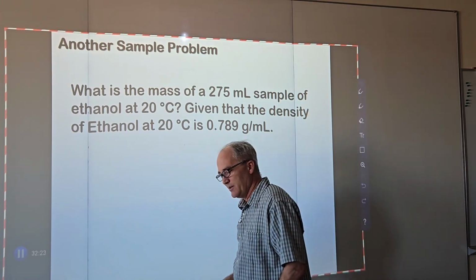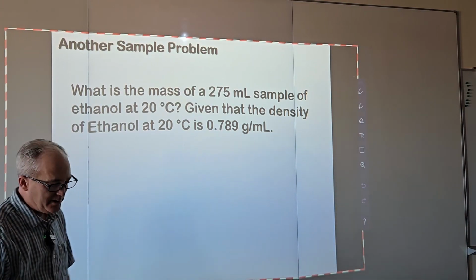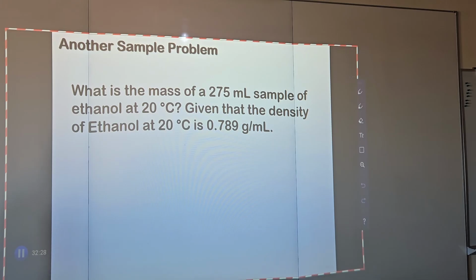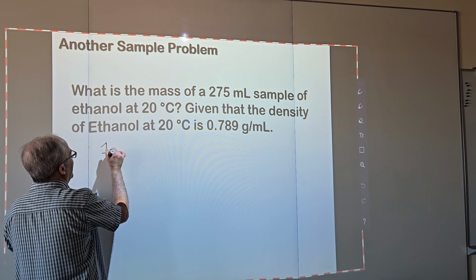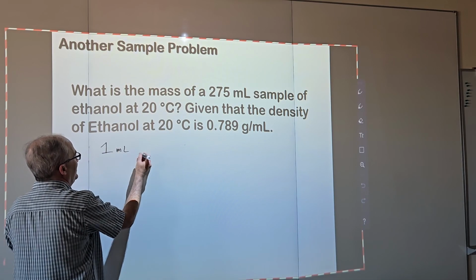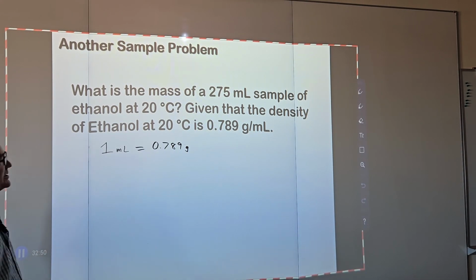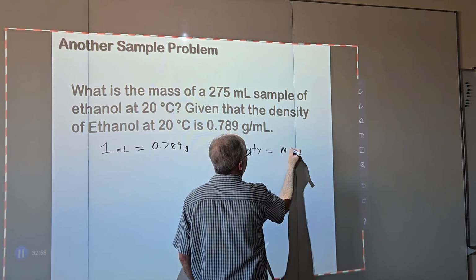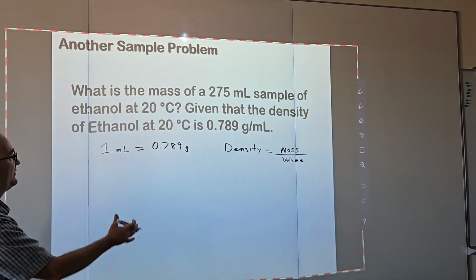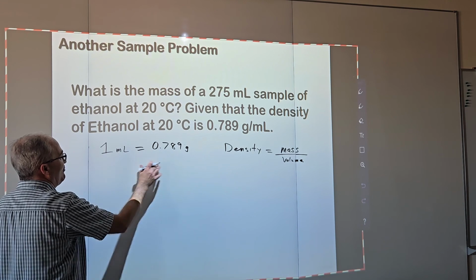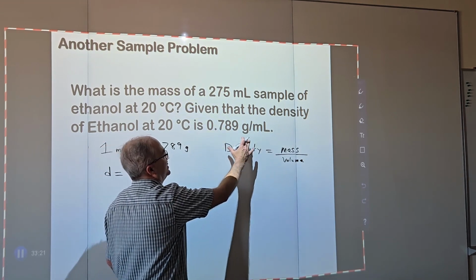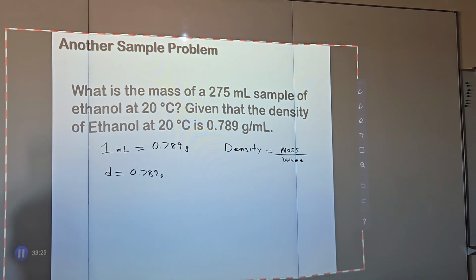So density is a physical property, and I can imagine it coming from a unit equation. I told you I like unit equations. If I have 1 mil of ethanol and I go weigh it on the balance, it's going to weigh that amount. Now density is set up this way. We like to say it's mass per volume. So if I divide both sides by 1 mil, it puts the mil like that. And so here's a word of advice.